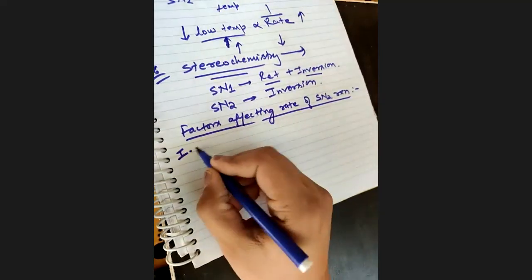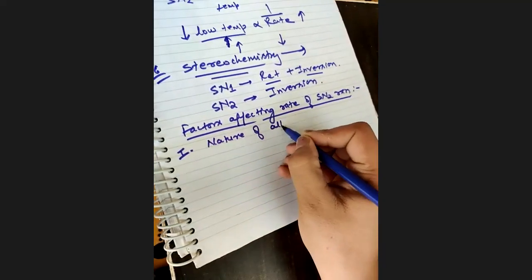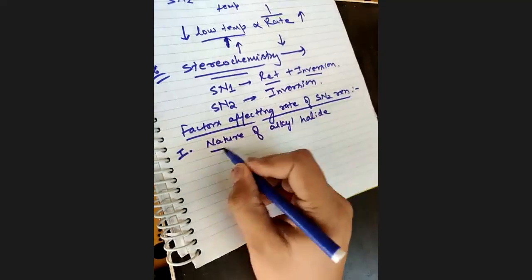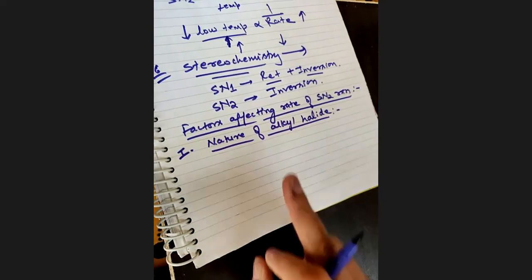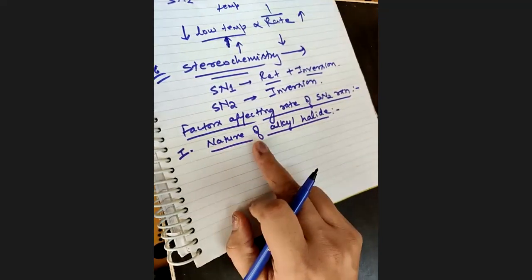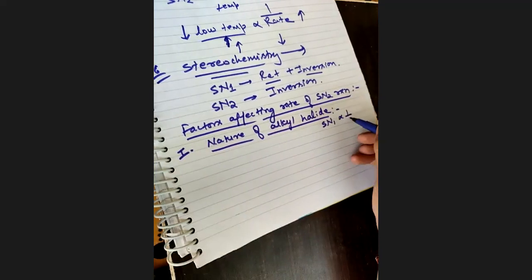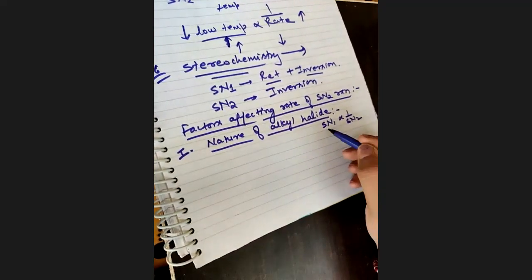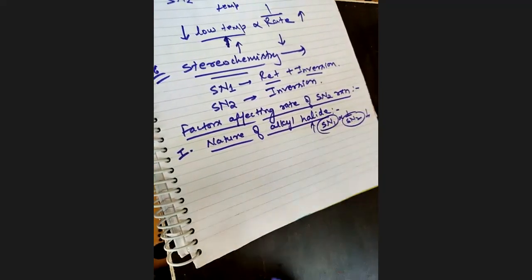The first one is the nature of alkyl halide. This is the most important thing, because SN1 and SN2 are inversely proportional; they run opposite to each other. If one is going right, the other will go left.